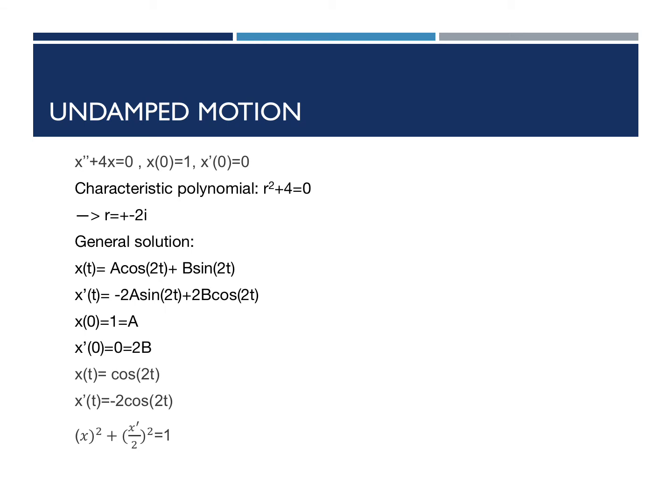For this undamped motion example, we solve the equation, and we get x of t equals cosine 2t, and x prime of t equals minus 2 sine 2t.